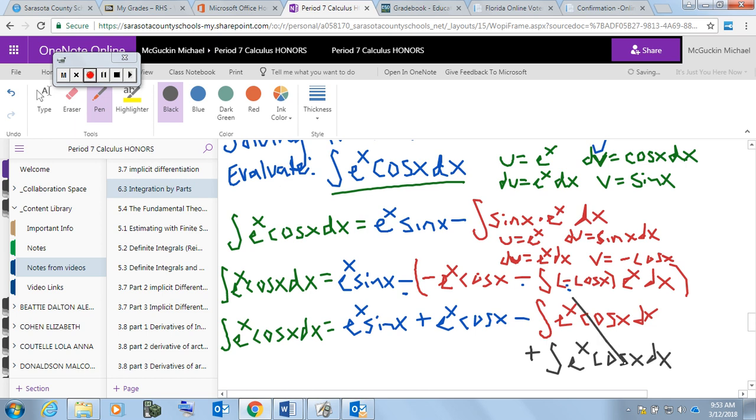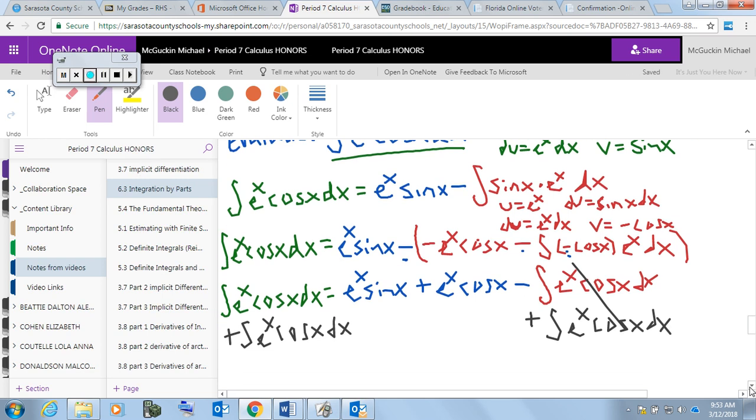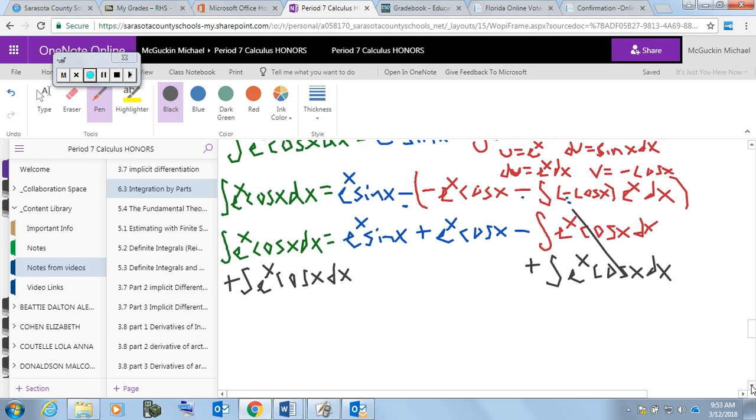It would cancel there. I would add the integral over here as well too. And now think about it. I have one of the integrals plus another of the integrals. Well, last time I checked, 1 plus 1 is 2.